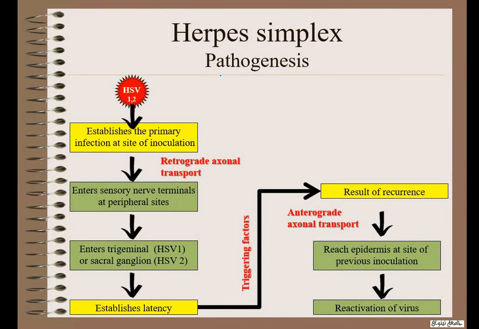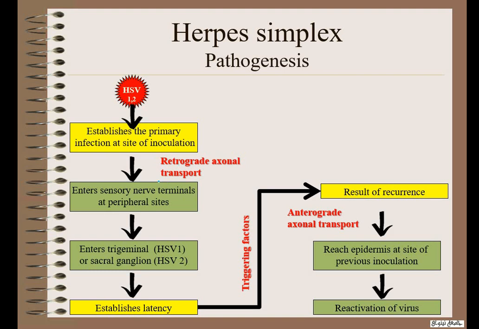Once herpes simplex virus 1 or 2 is inoculated in the skin, the patient will establish the primary infection at the site of inoculation. After the clinical picture subsides, the virus will have retrograde axonal transport.